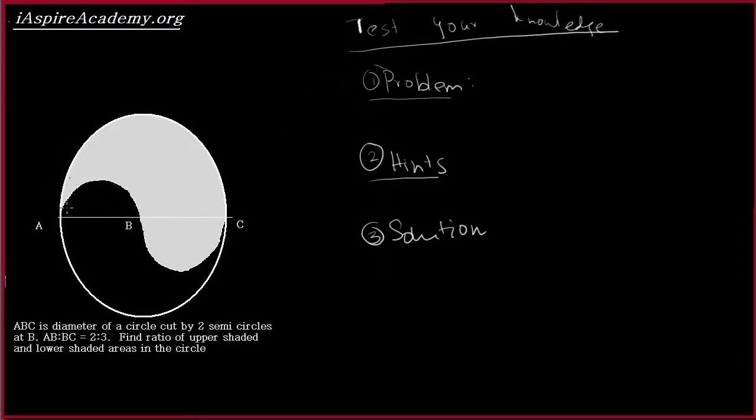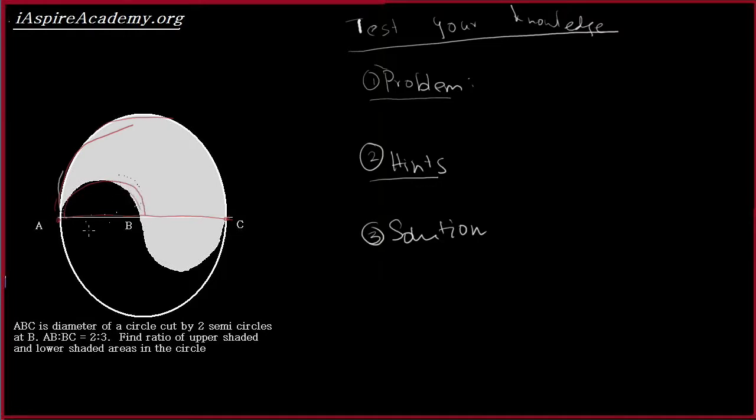So we have a circle here, as you can see, and let me take a different color. So here is our circle. ABC is a diameter, so it passes through the center of the circle. And it has been cut by this curve into 2:3.